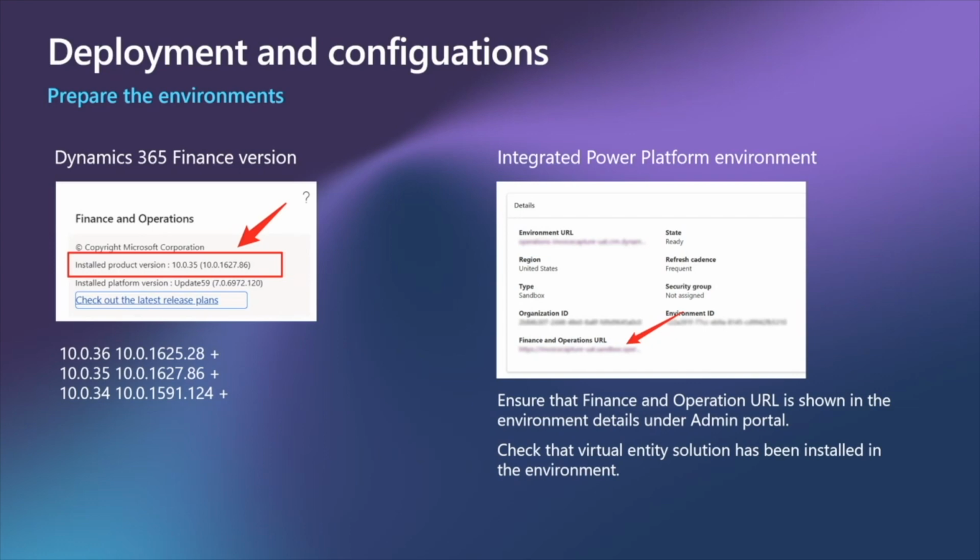But sometimes we also find that the virtual entity is not installed successfully within the integrated environment, and our solution highly depends on the readiness of the virtual entity. So please also make sure the virtual entity solution has been successfully installed in your environment.